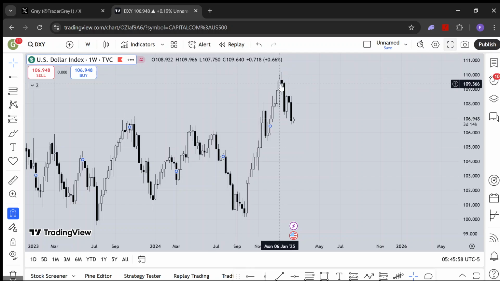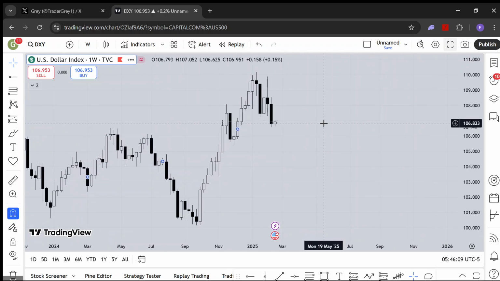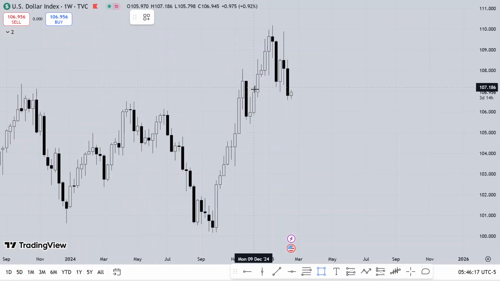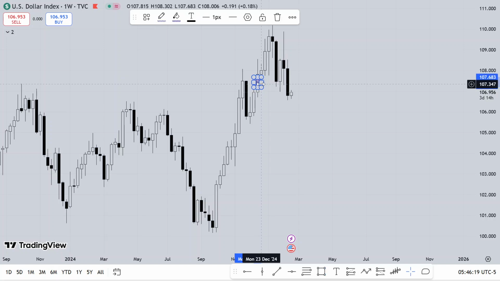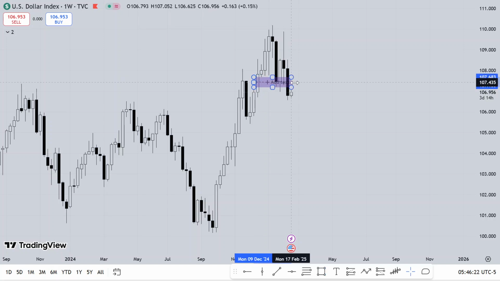From the first week of January down to this current week, we've been ranging lower, dropping lower on the dollar. So we dropped lower to this BISI, which is buy side imbalance, sell side inefficiency. We traded to this BISI.